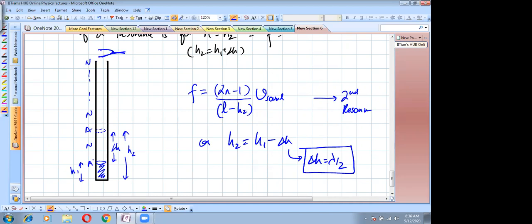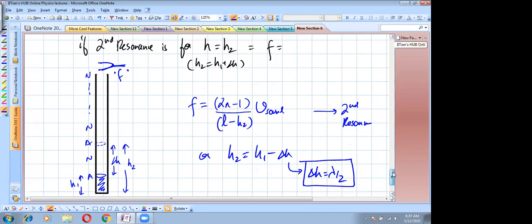The frequency of the tuning fork is a fixed value, so the wavelength of sound it is creating is a fixed value. So that wavelength is such that there is a fixed distance between antinode and antinode. Only when your water level reaches a new antinode's position, the whole column of air inside will start vibrating in resonance again. That's why your delta H has to be equal to lambda by 2.